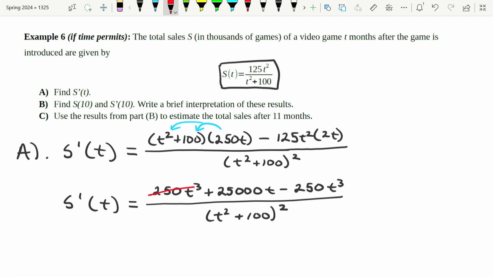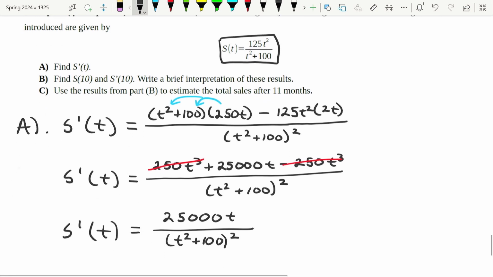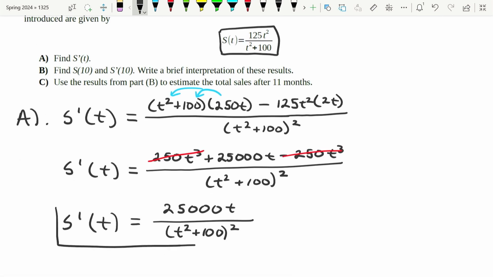We'll notice how simplifying this down further, we could cancel out those terms. We have s prime of t is 25,000t all over t squared plus 100 in parentheses, all squared. So that's the first part it's asking us here. Find the derivative.